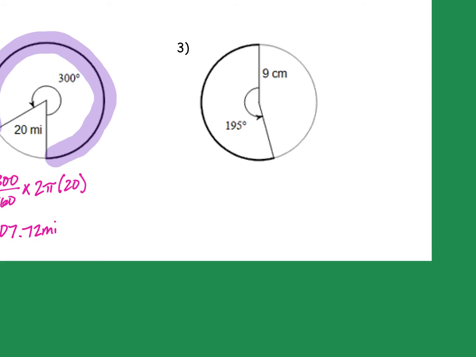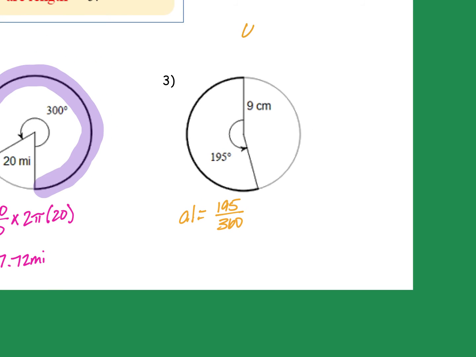And number 3, we look at the dark circle, that angle is 195 degrees. So my arc length is going to equal 195 divided by 360. Remember, I'm just plugging into the equation. The equation says theta divided by 360 times 2 pi r. The only things I need to substitute are theta and r.